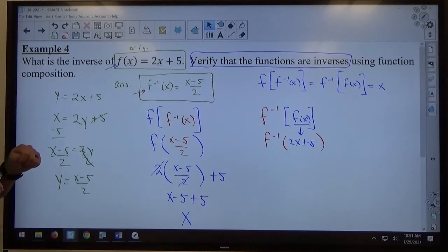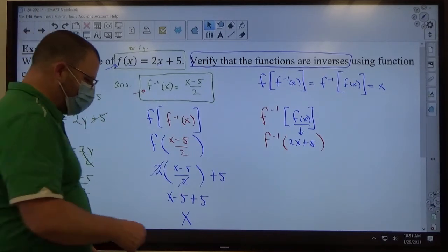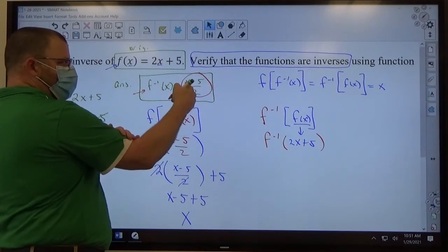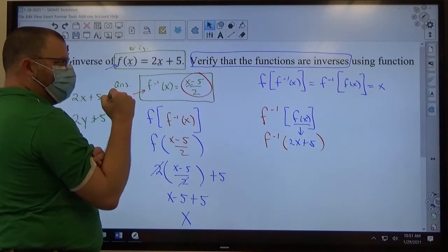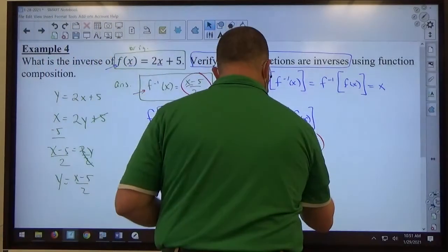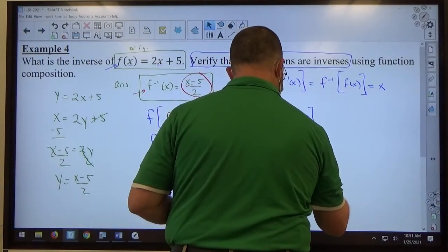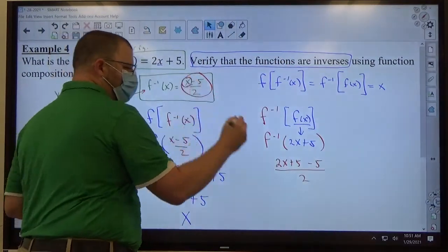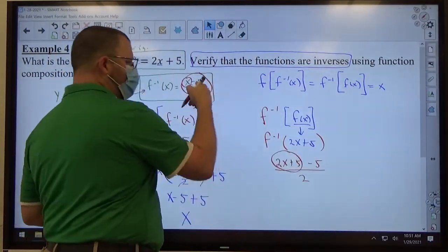F inverse of 2x plus 5 means to come over here to function f inverse, which is this guy here, change the x into 2x plus 5. So it looks like this. 2x plus 5 minus 5 over 2. This is x, this is the new x, minus 5 over 2.